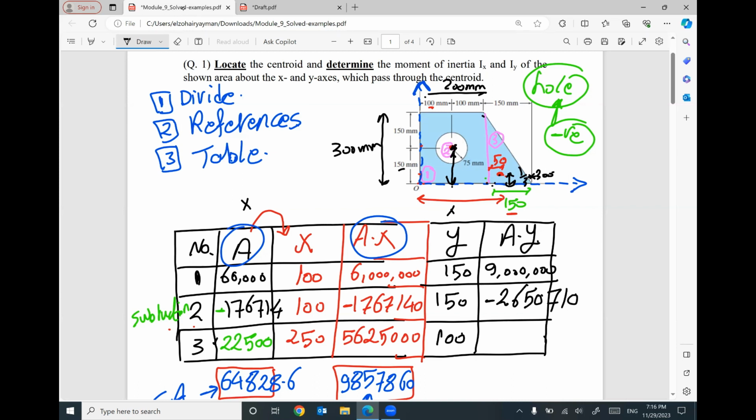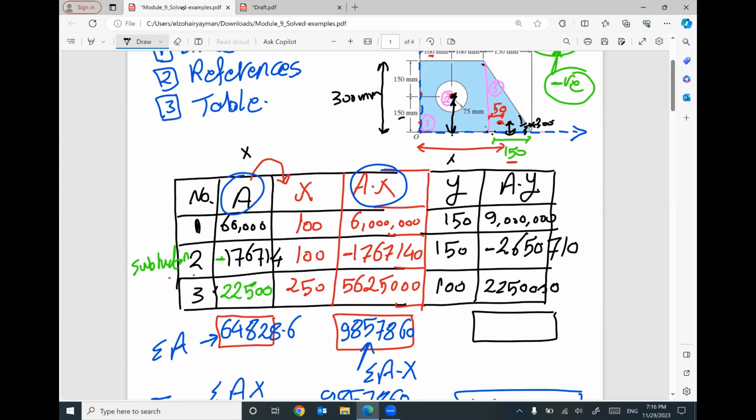And 22,500 times 100, I got 2,250,000. Go ahead and find out the summation of this column.